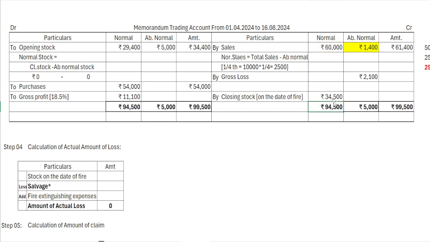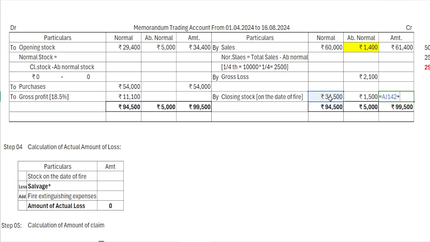The balancing figure, which is 34,500, is the closing stock on the date of fire, which is normal stock. Then abnormal stock is equal to total minus the sum of the remaining amounts on credits. So 1,500 is the abnormal goods, which is 2,500 into 60%, which comes to 1,500.